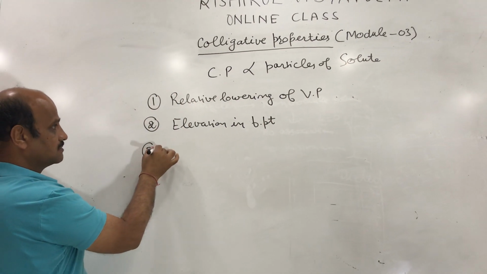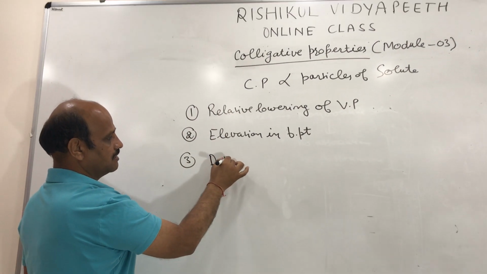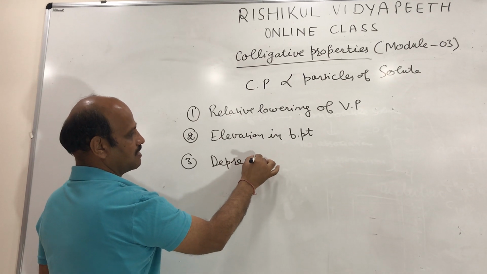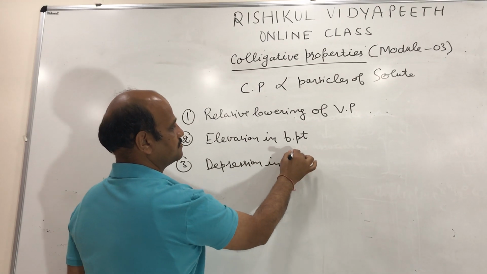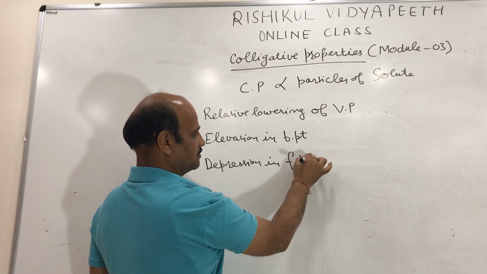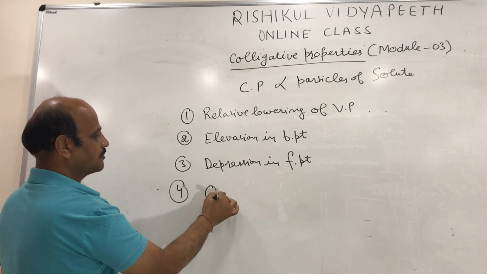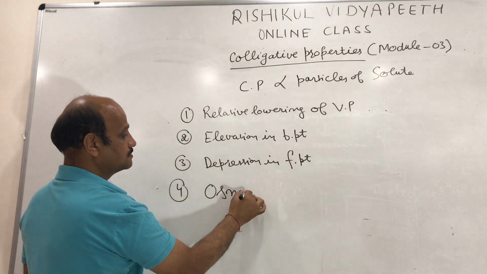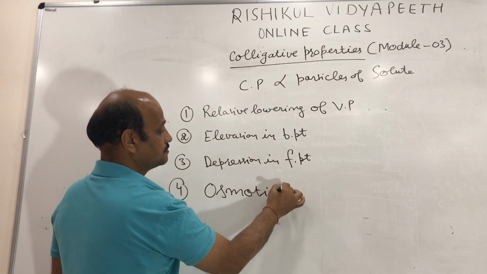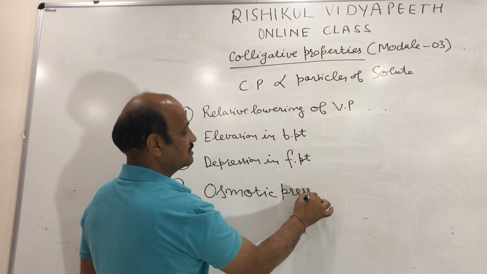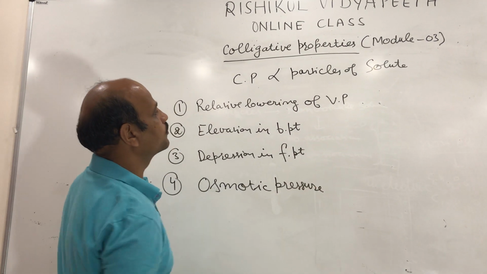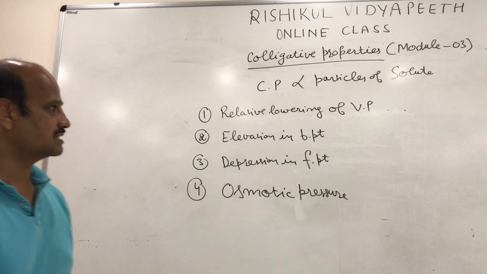The third is depression in freezing point. The fourth is osmotic pressure. These four colligative properties we are going to discuss.